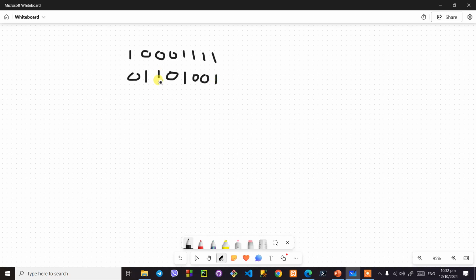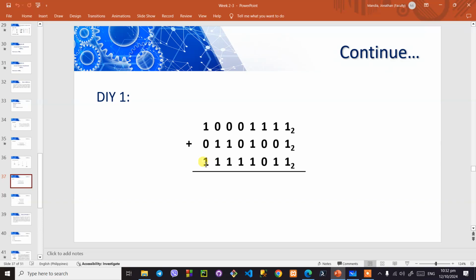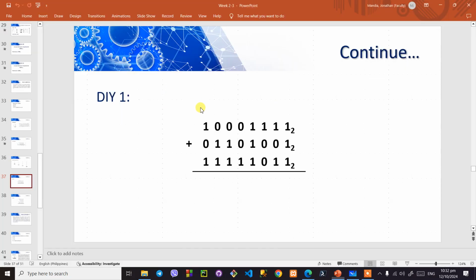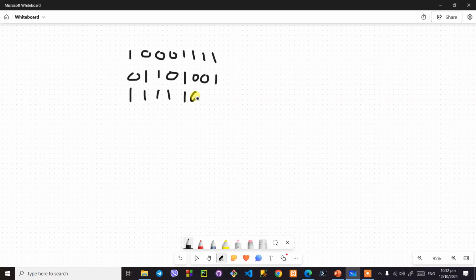Make sure that the placements are aligned in their vertical form. The last one is five 1s, then 1, 0, then two 1s. So we have 1, 2, 3, 4, 5 ones. Then 1, 0, then 2 ones. Okay. So that is addition.